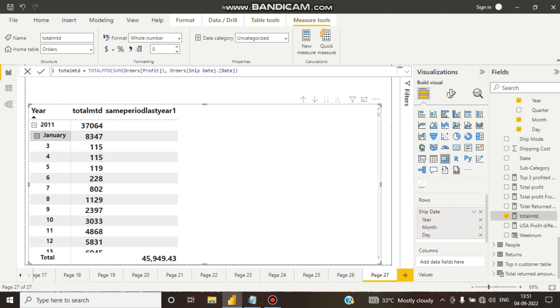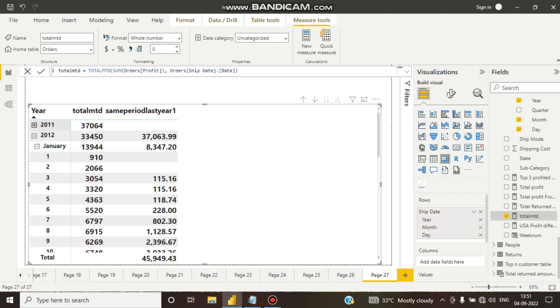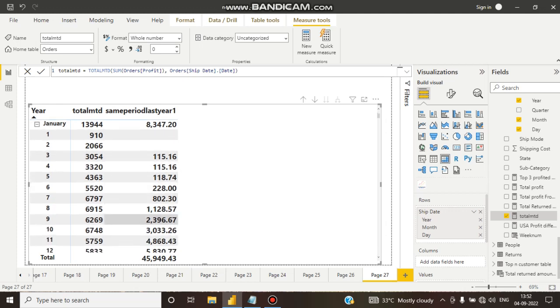That is why, when I am comparing 2012 with 2011 data, 1st of January 2011 and 2nd of January 2011 are not present here. Then it is comparing from 3rd of January 2011. On 3rd of January 2011 it was 115, but on 3rd of January 2012 it is 3054. Like this it is comparing.